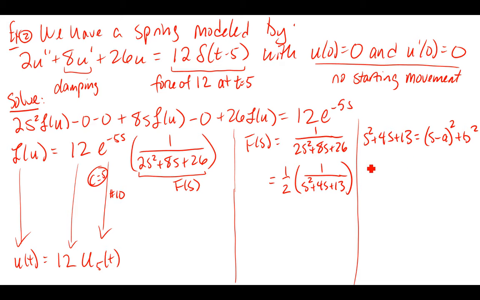So for this I just have to think for a second. s squared plus 4s plus 13 would turn into s squared minus 2as plus a squared plus b squared. Using basic logic, those have to line up, so 4 has to equal negative 2a, which tells me a is negative 2.